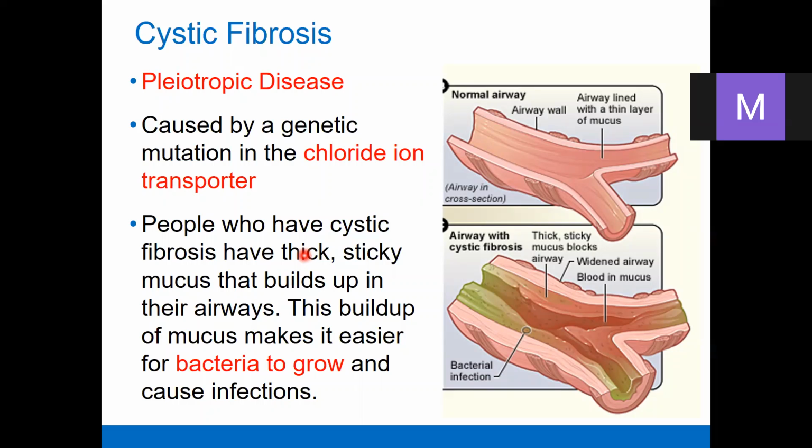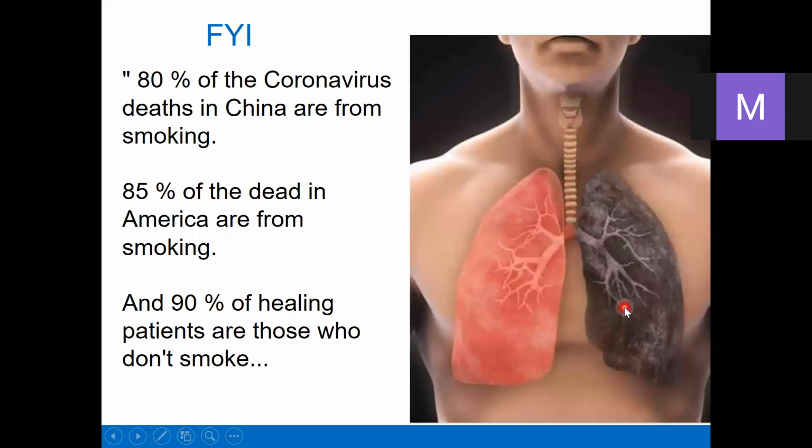People who have cystic fibrosis have thick and sticky mucus that builds up in their airways, as you see here, and prevents efficient airflow. Also, it is easier for bacteria to grow and cause infection. This is for your information.